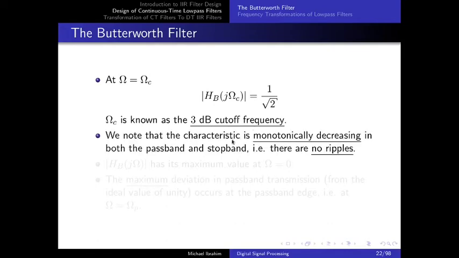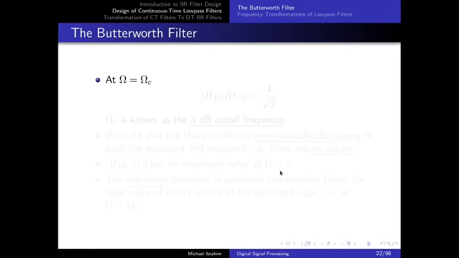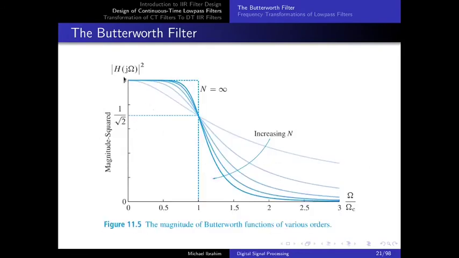We note that the characteristic is monotonically decreasing. In other words, there are no ripples in the pass band or the stop band. And the maximum value of the frequency response happens at omega equal to 0. As you can see over here, the maximum gain, which is 1, happens at omega equal to 0.